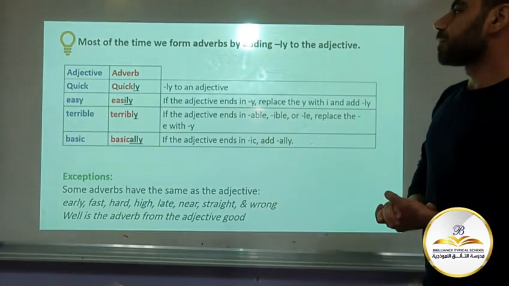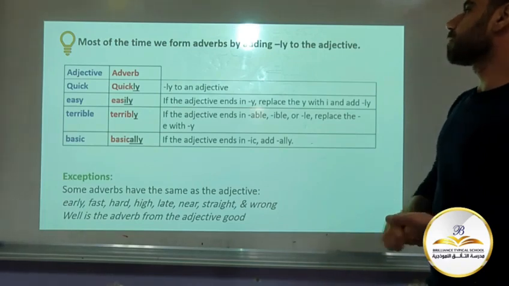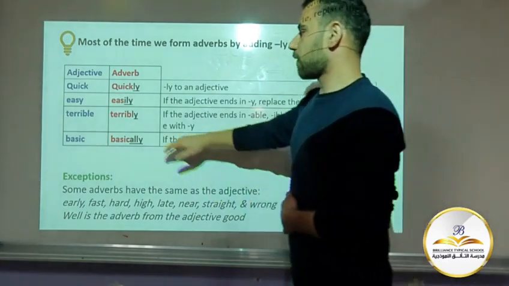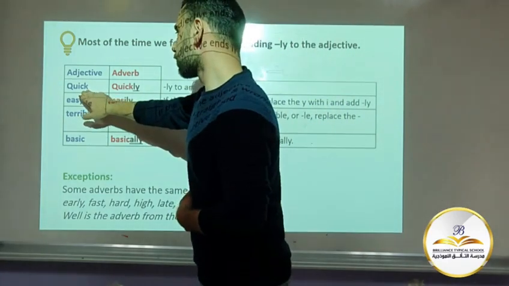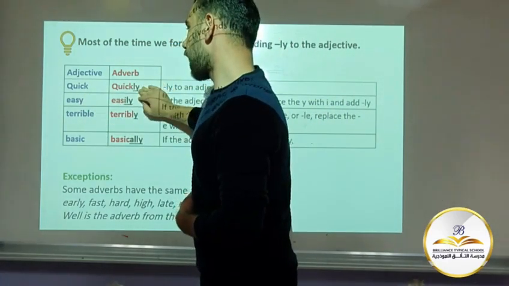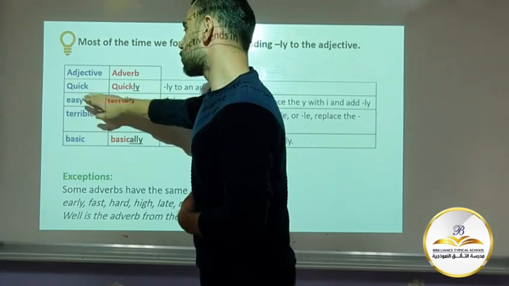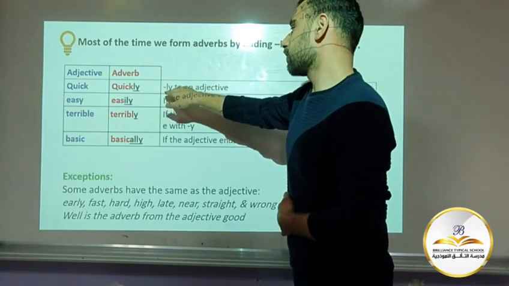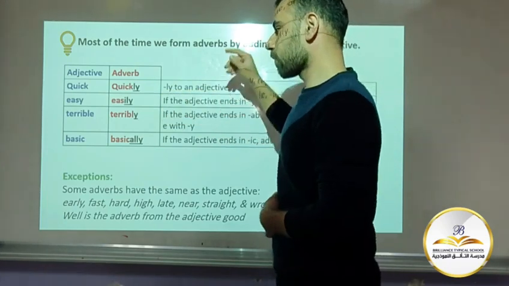Most of the time, we form adverbs by adding ly to the adjective. So here we have an adjective which is quick, and the adverb of it is quickly. So we just add ly.